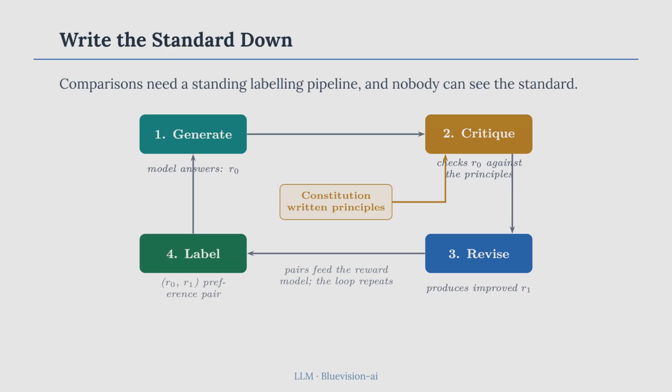And that pair is a preference pair. You know which one is better, because one of them is the revision of the other. So it feeds the same reward model machinery we already built, with no human in that loop at all. In one sentence, the model writes, criticizes itself against a document, rewrites, and the 2 versions are the training data.